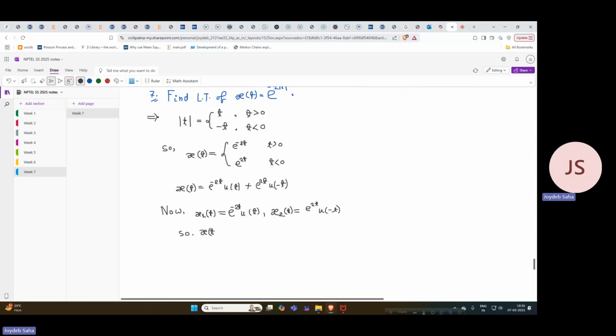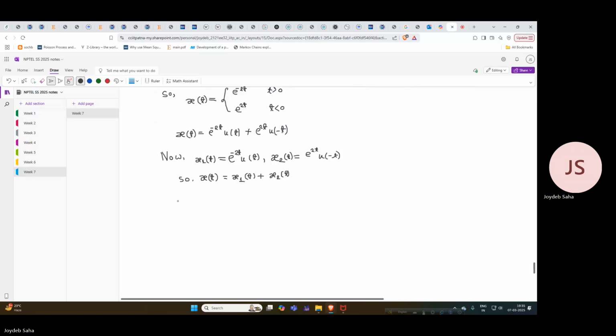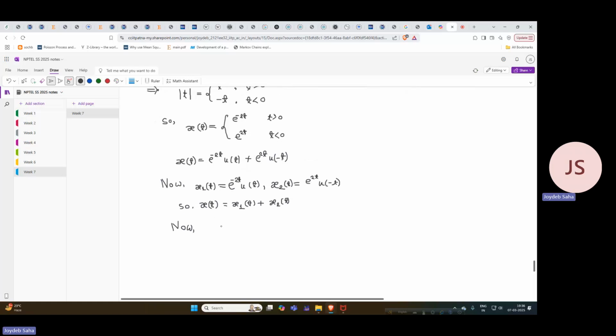So x(t) is equal to x1(t) plus x2(t). First we will calculate X1(s), then X2(s), then X(s).